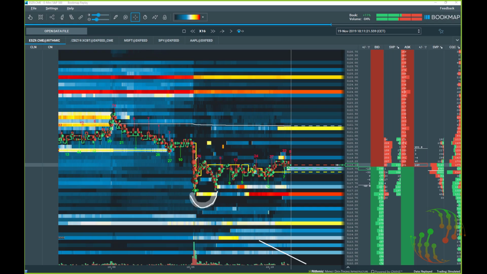We have the method not to trade this one because we don't know how fast it is traded and when it ends. But we get most of the time a second chance to trade it because we know that there are a lot of unfinished auctions here, or low volume nodes, or untraded areas on the way down or the way up, which are going to be closed most of the time.